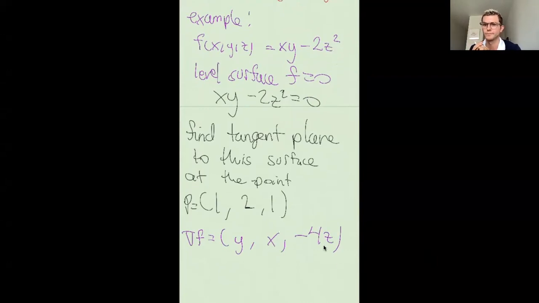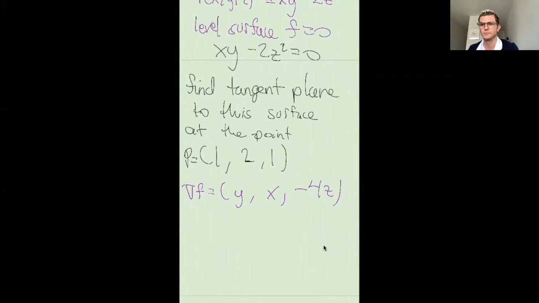Is that okay? And so you have to evaluate it at the point P. So what's the gradient evaluated at the point 1, 2, 1? It is 2, 1, minus 4. Is that so far so good? And that's our normal vector.